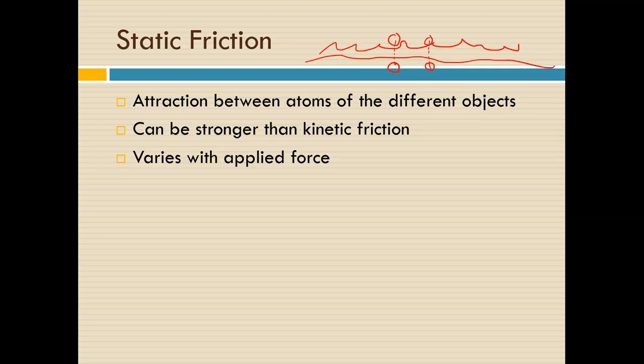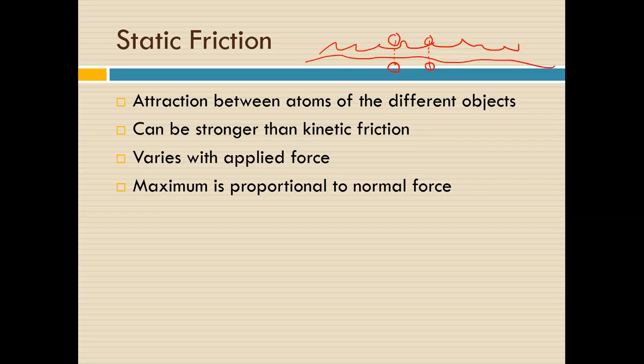Eventually, you're going to get to a point where there's a maximum static friction. This maximum static friction is proportional to the normal force. Again, we see the same effect. If we increase the normal force, either by adding weight to an object or pushing down on an object, we're going to increase the static friction. Again, that's like taking two pieces of sandpaper and pressing them into each other. The friction is going to increase.